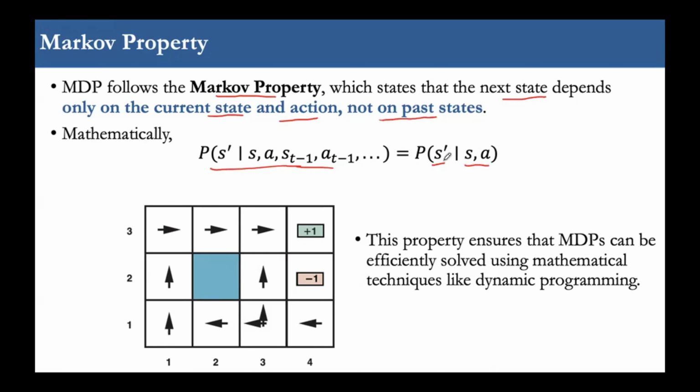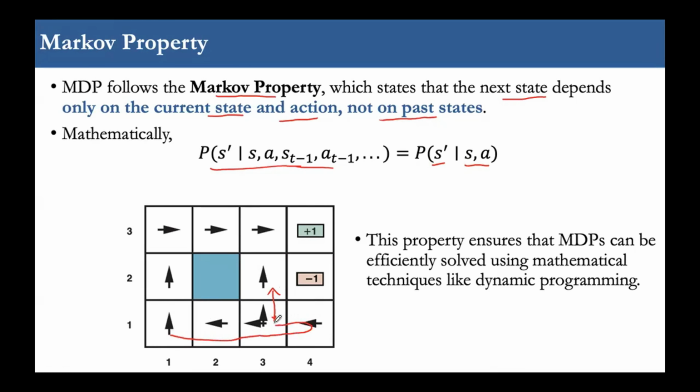So for example, the agent is here. Now if the agent makes an up move, then the agent will be moving upwards in this direction. It won't consider the previous actions of the agent. The previous action may have been this way, it might have moved this way and now it may be coming this way.